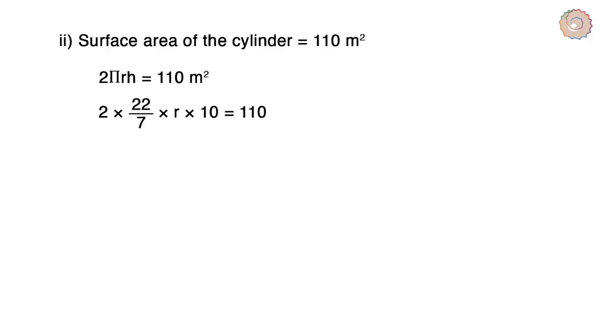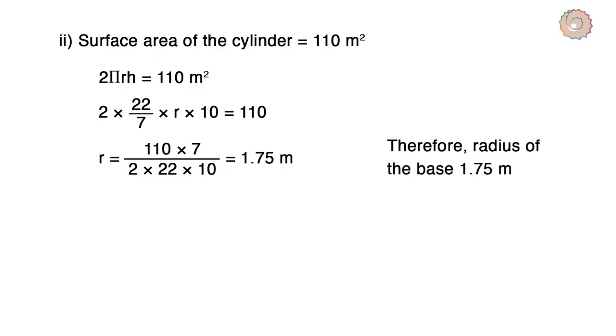Substituting the same, we get 2 into 22 divided by 7 into r into 10 is equal to 110. Now taking r to the left hand side and rearranging the equation, we get r is equal to 1.75 meter. Therefore, radius of the base is 1.75 meter.